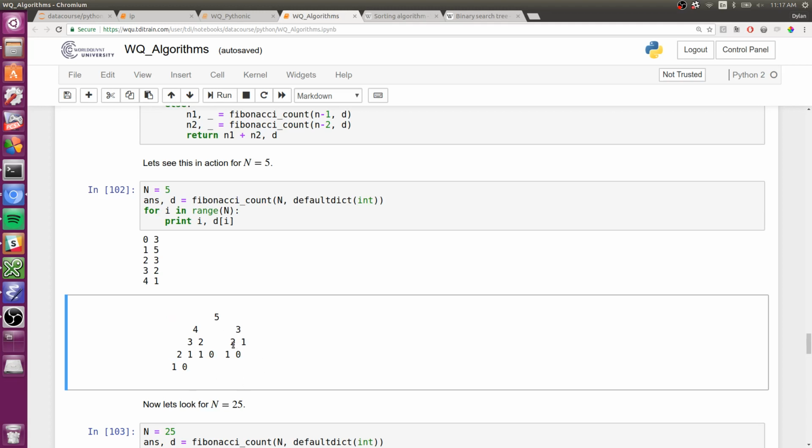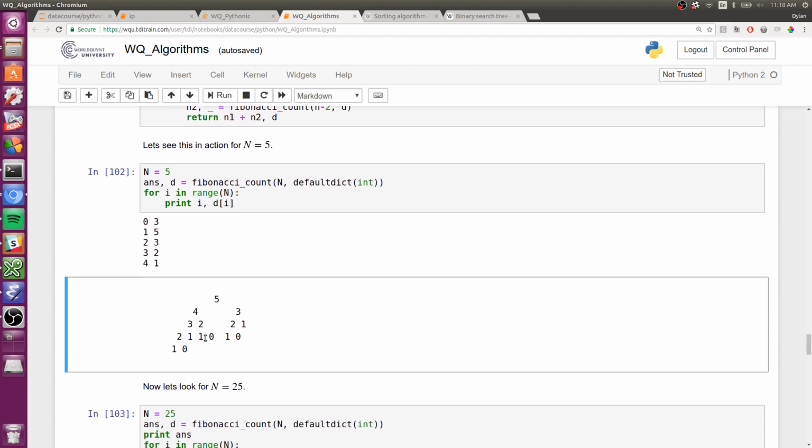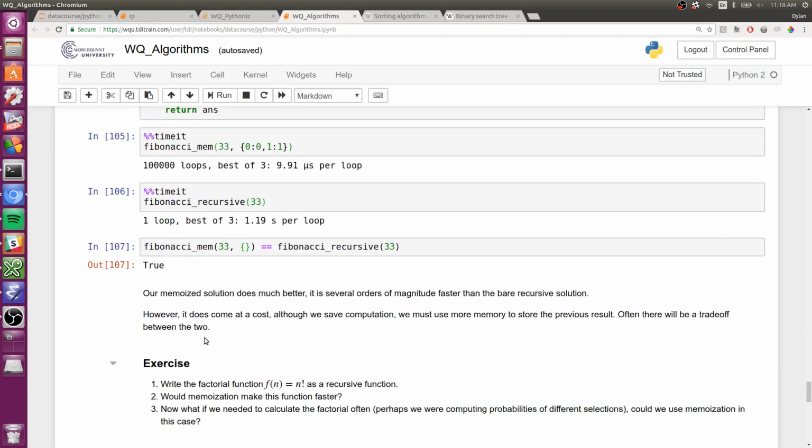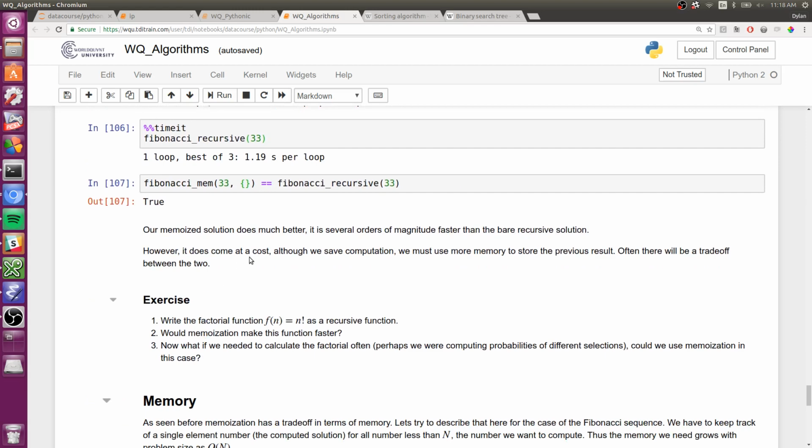There's an exponentially large number of things as a function of n to compute here, and we made it into something that's almost linear in n, where we just walked a straight line down the tree, 1, 2, 3, 4, 5 steps. So this is a massive speed up, exponential to linear.